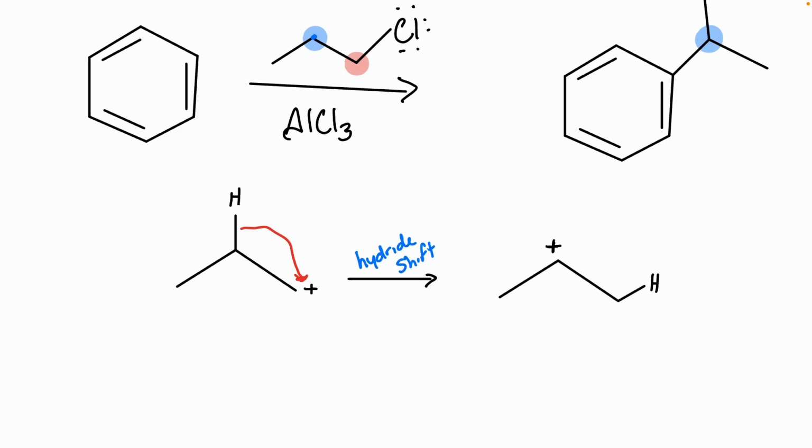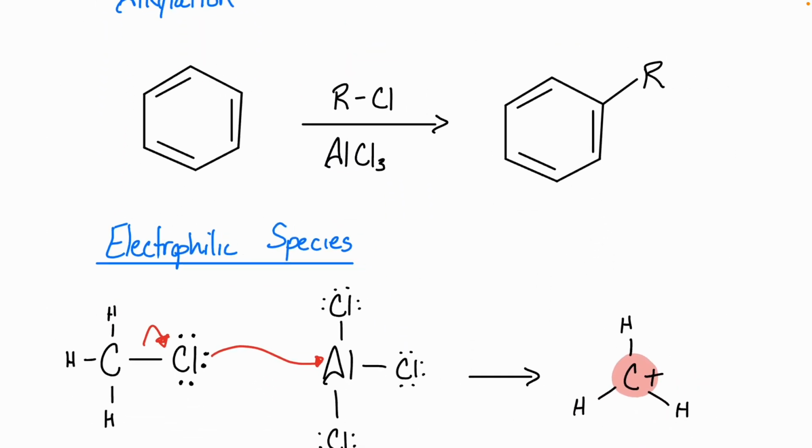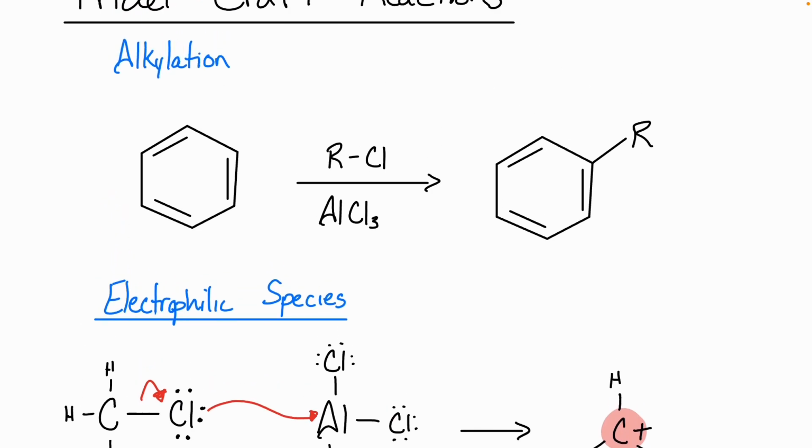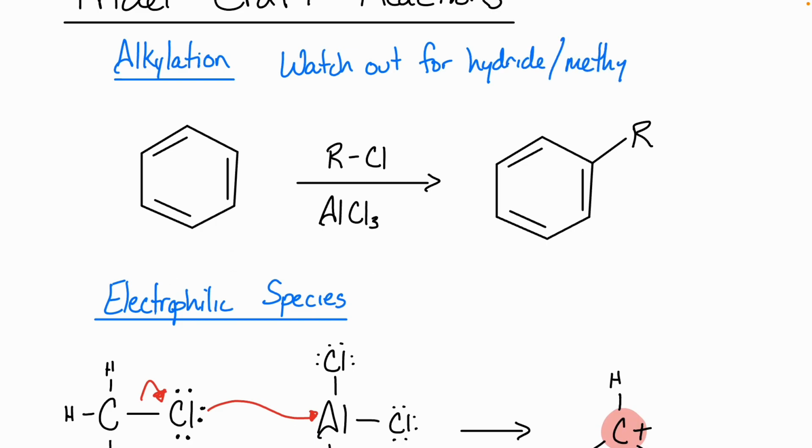So all that to say, because these Friedel-Crafts reactions go through these carbocation intermediates, for these Friedel-Crafts alkylations, we're going to say, watch out for hydride and methyl shifts.